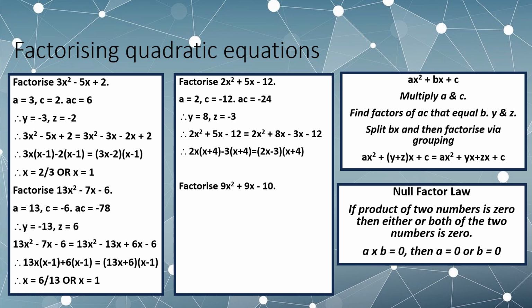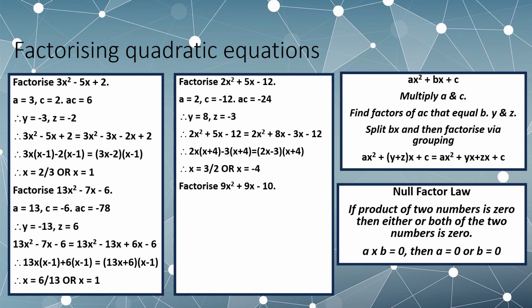Combining those two parts of the equation now, we'd have 2x subtract 3 multiplied by x plus 4. Once more, to solve for that x value at the end, we apply the null factor law and are left with x is equal to 3 over 2, or x is equal to negative 4.